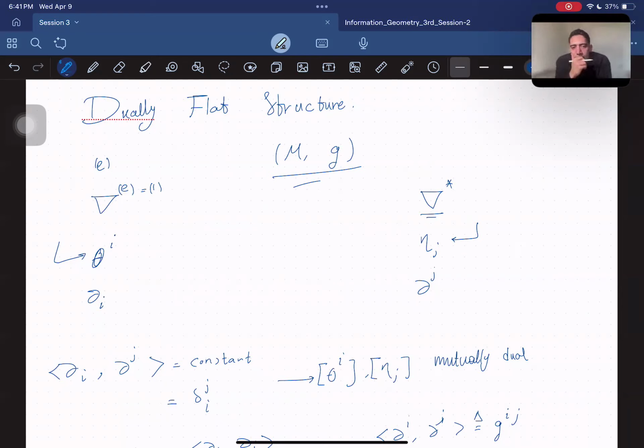So we call this structure, when we have a Riemannian metric, a flat coordinate system, and then the dual of that coordinate system has also another flat coordinate system, a dually flat structure. So we already saw that information geometry, which is nothing but the geometry induced by Fisher information metrics on the space of all distributions, to be dually flat. Okay.